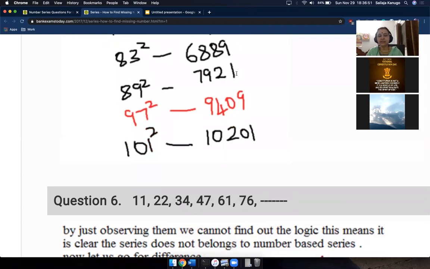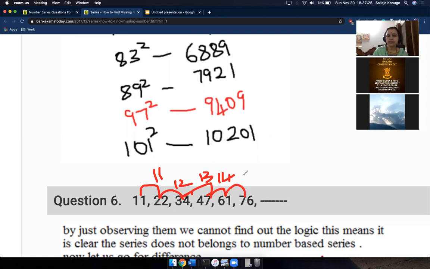Now, 11, 22, 34, 47, 61, 76. First, let us take the difference. It's 11, 12, 13, 14.